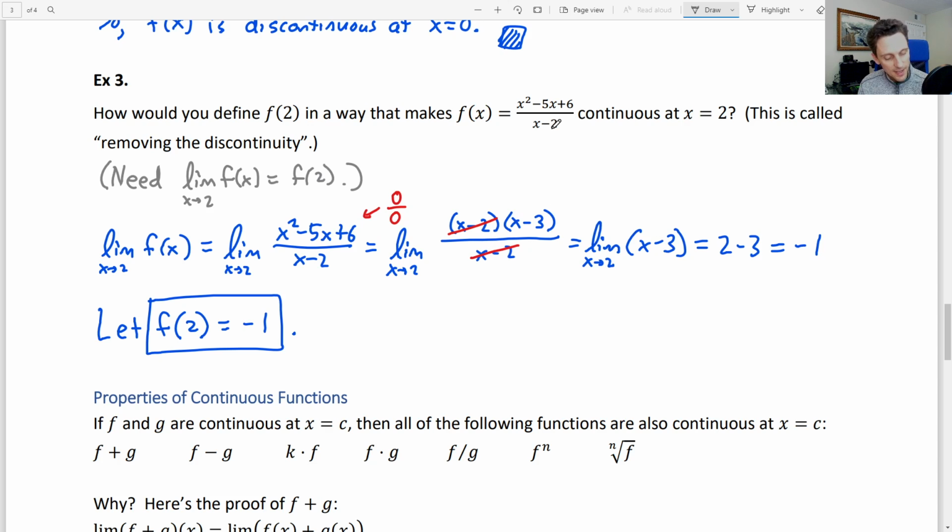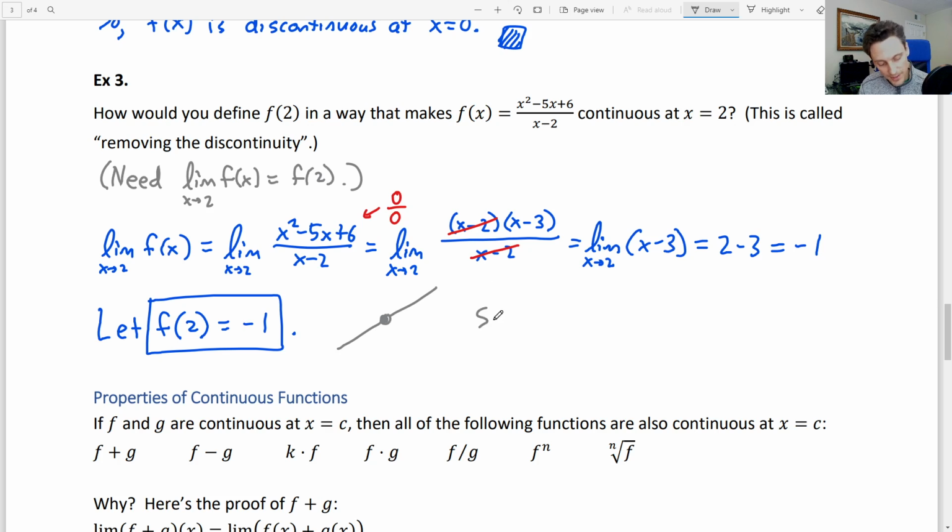Basically, this function is the same thing as the line x minus 3. The only difference is that there's a hole punched out of it at x equals 2. So all we did by defining f of 2 equals negative 1 is fill in the hole. Visually speaking, it looks something like this. There was a hole, and now we just filled it in, and now it's continuous all the way through.